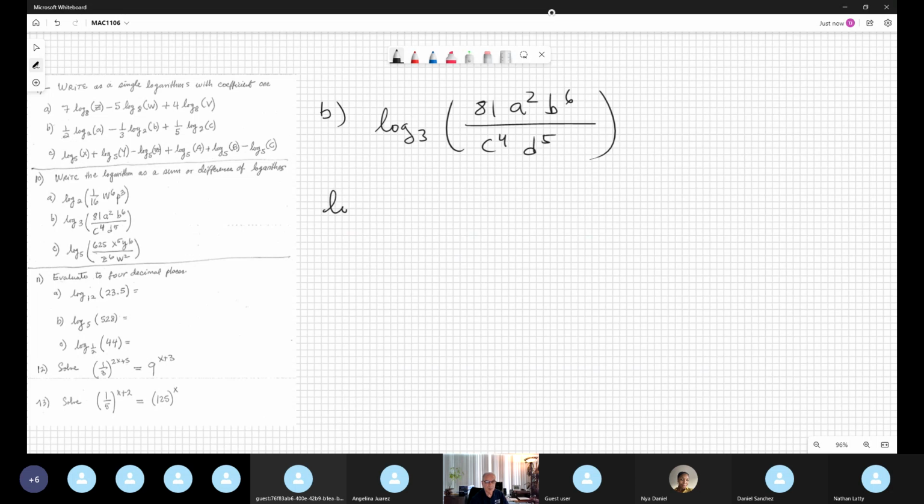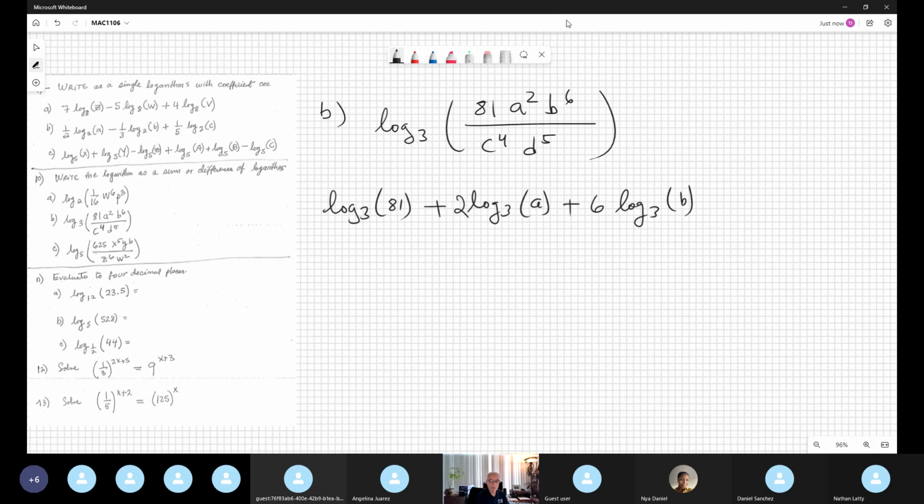I expand: logarithm base 3 of 81 plus logarithm base 3 of a, and exponent 2 goes to the front, these 2, plus again, because we are working in the top part, 6 times logarithm base 3 of b.